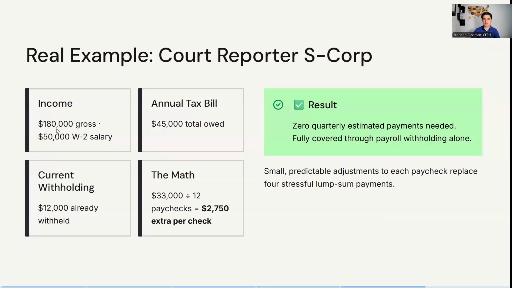Now, after you do this strategy, you're only going to get $5,000 a year from your payroll provider paid out to you. So you're going to need to pay yourself around $9,000 a month from just transferring money from your business to your personal account.